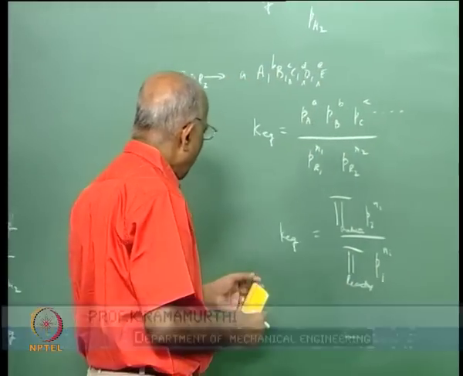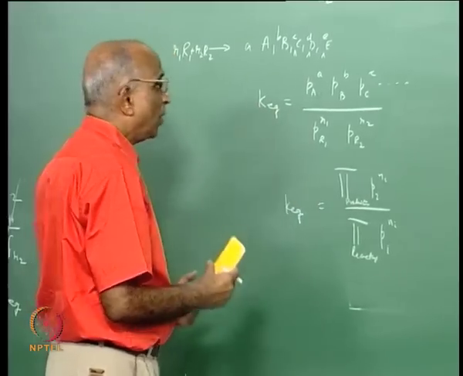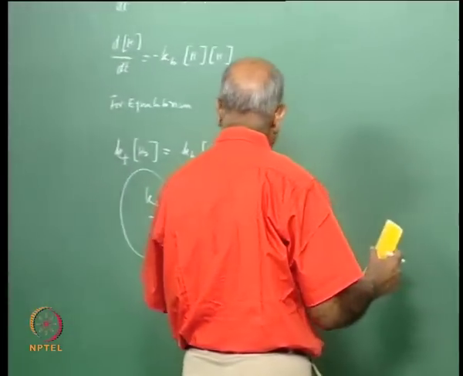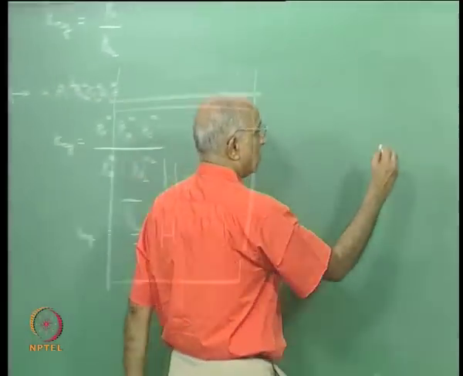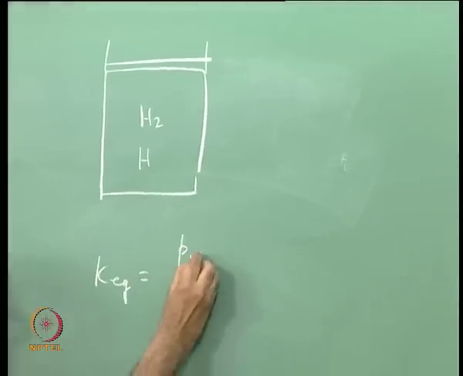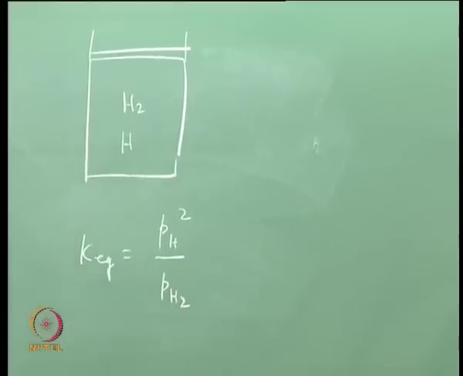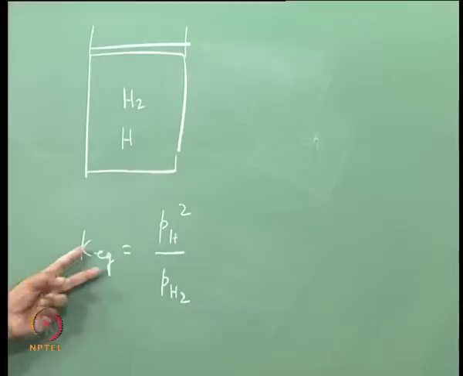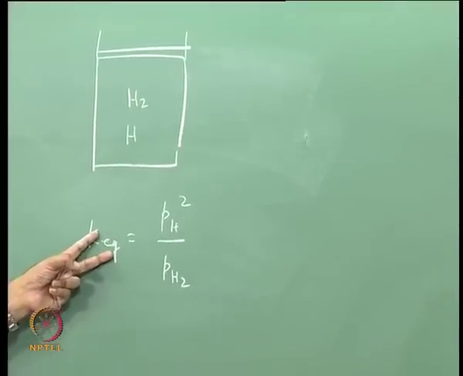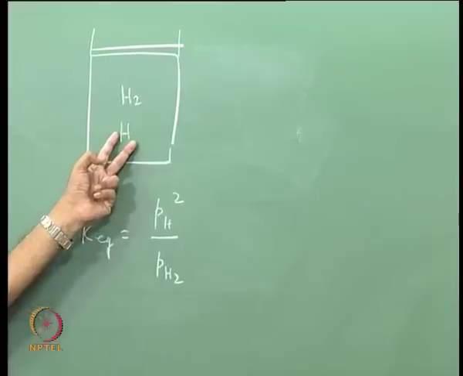But before that, if I know the value, let us write it out. What did we get for this particular H and H2? We had K equilibrium is equal to pH squared divided by pH2. What do we find from this? If the equilibrium constant is a large number, then dissociated species will be higher.